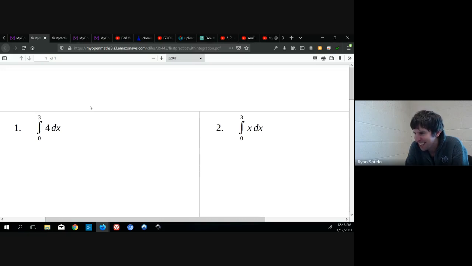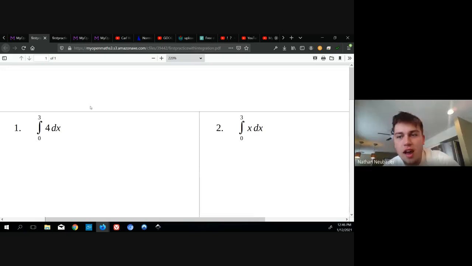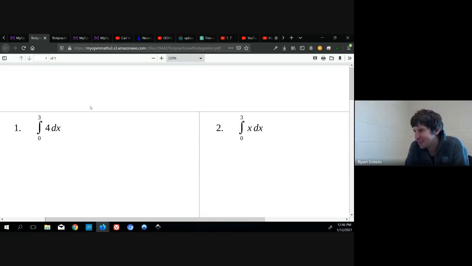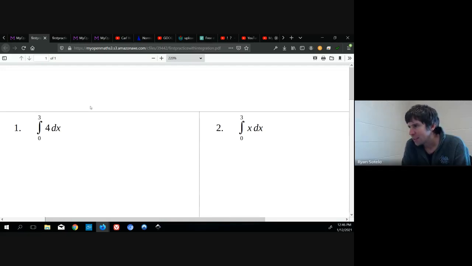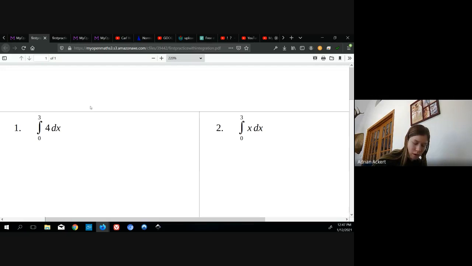Nice job, Will. So the area under the curve between 0 and 3. Can you find the area of a triangle? 1.5. No. How do you know where it stops? What's the height and what's the base of that triangle? You have to graph it.